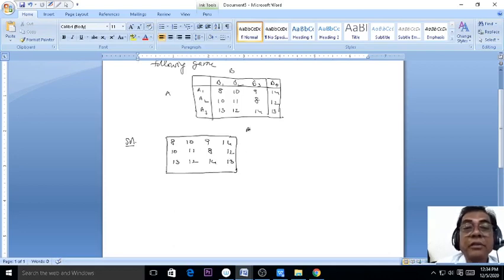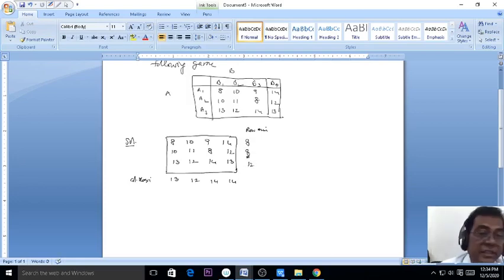And first row minimum, column maximum. In this column the maximum is 30, in this one is 12, in this one is 40, here is 40. Row minimum 8, 8, 12. So 12 is there. Okay.